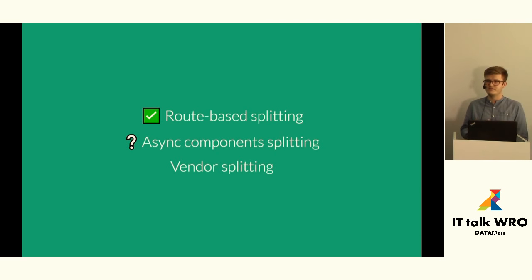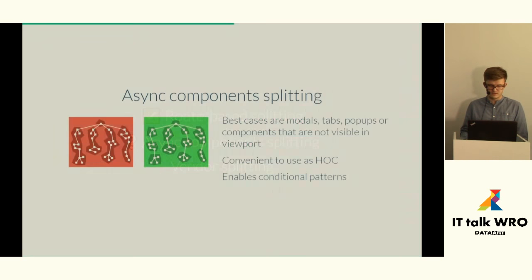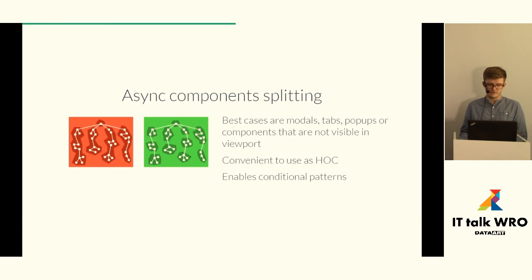For example, the best way to use async component splitting is different kinds of modal windows, pop-ups, something that is probably on a page but is not visible before users do some manipulation to open it. The perfect example is a modal window. But it can also be something that is not in the viewport on a first visit.